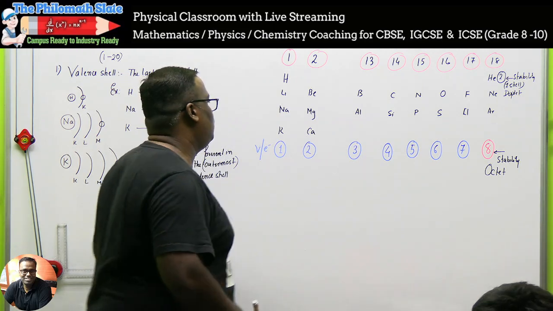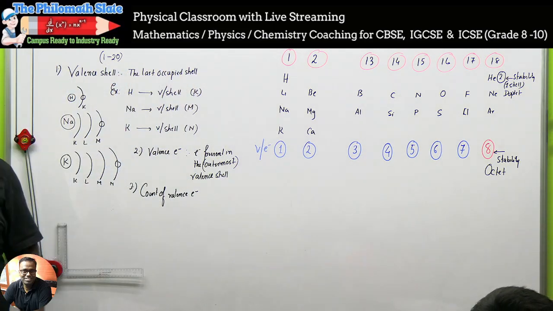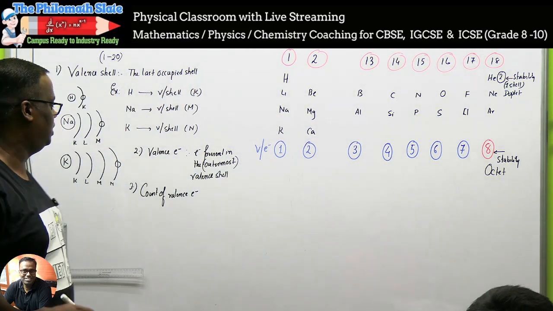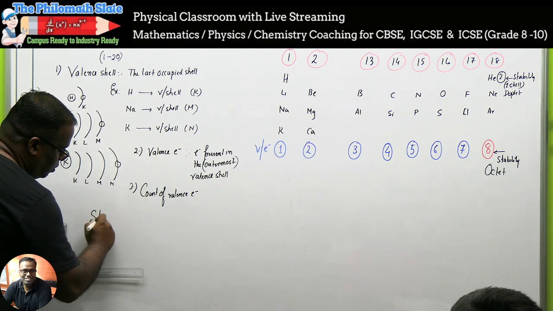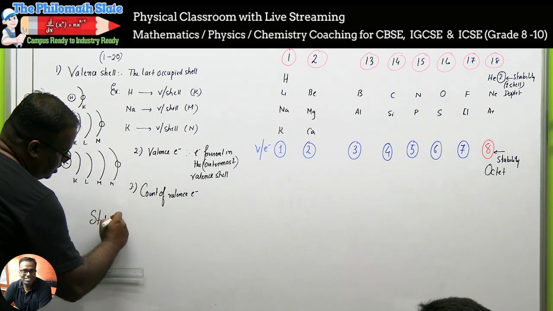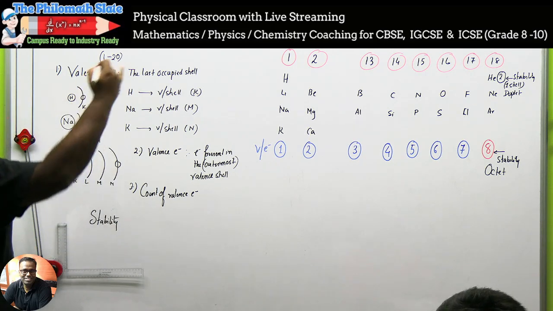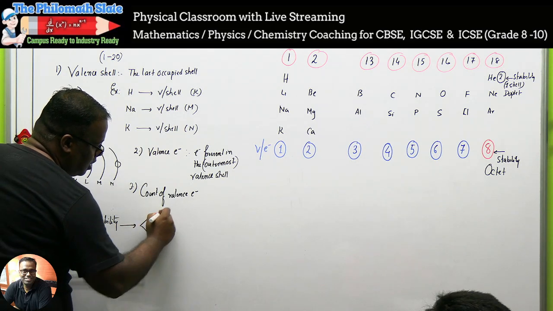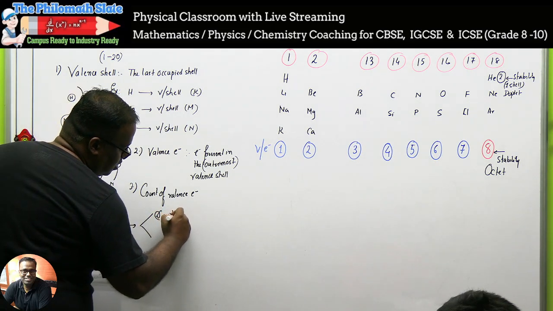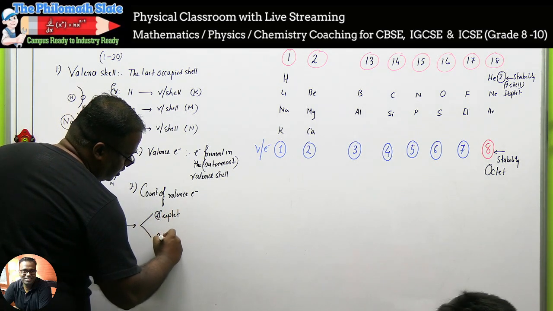So do you understand one thing now? If you want to be stable, our whole story started from stability. So we write here, in order to get stability, we said na, you have to copy the inert gas wala. So stability is defined by two ways, duplet or octet.